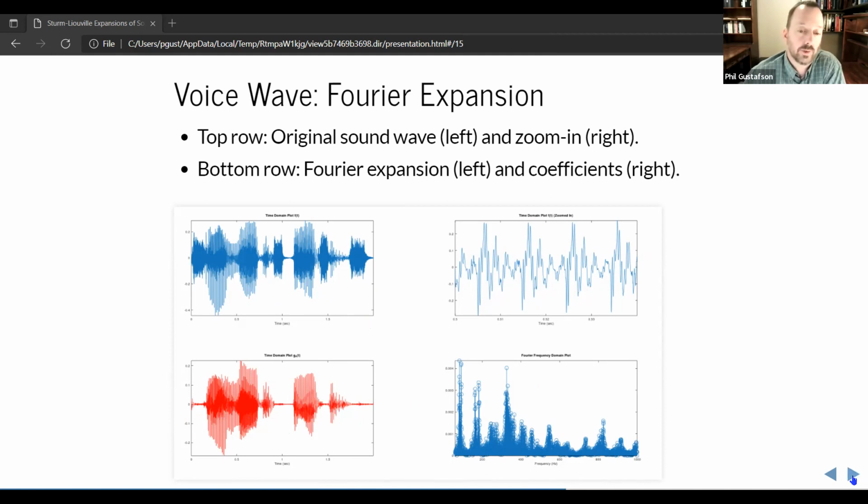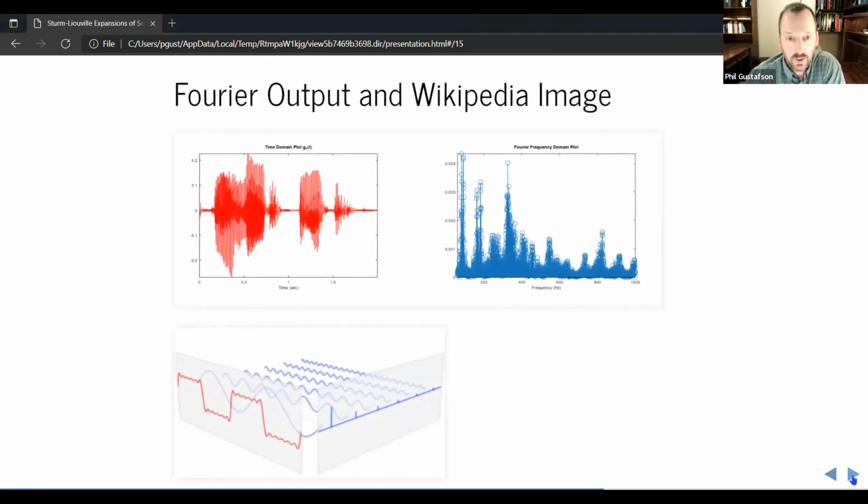So going out to 1,000 captures some of the dominant lower frequencies, but it doesn't capture all of them. I just want to remind you again, the red curve on the top is the representation, not of the square wave in this case, but of your original voice wave. And the blue, what I'm calling a frequency domain graph, corresponds to the coefficient information that's used to construct the voice wave.